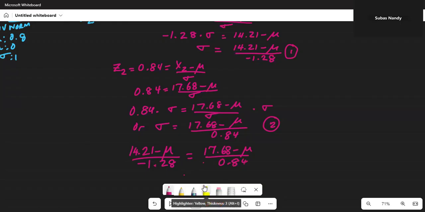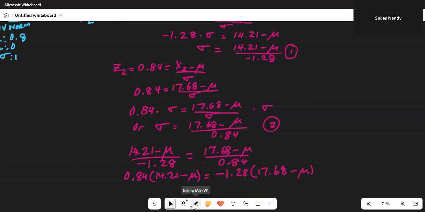Now we will multiply both sides by 0.84 in the numerator first, and then minus 1.28 in the numerator. So it becomes 0.84 times (14.21 minus mu) is equal to minus 1.28 times (17.68 minus mu). Okay, so we have to solve this equation for mu.